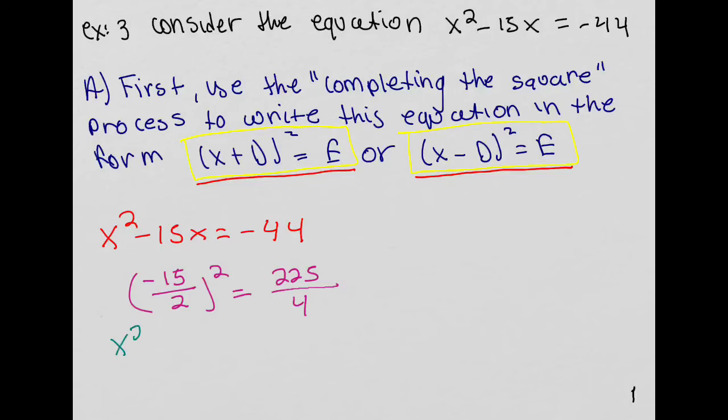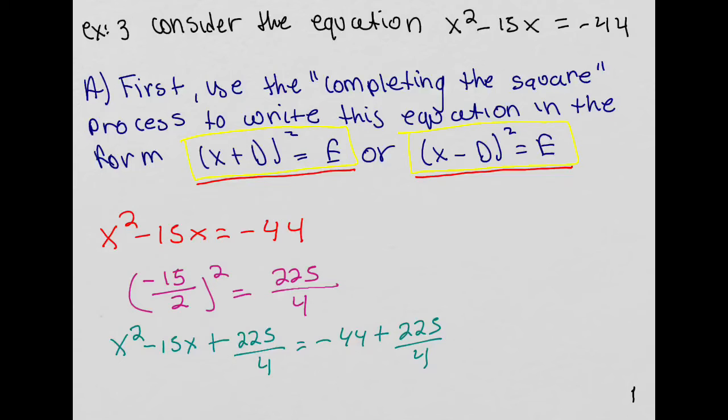of the equation. So this is going to become x squared minus 15x plus 225 over 4 equals negative 44 plus 225 over 4.